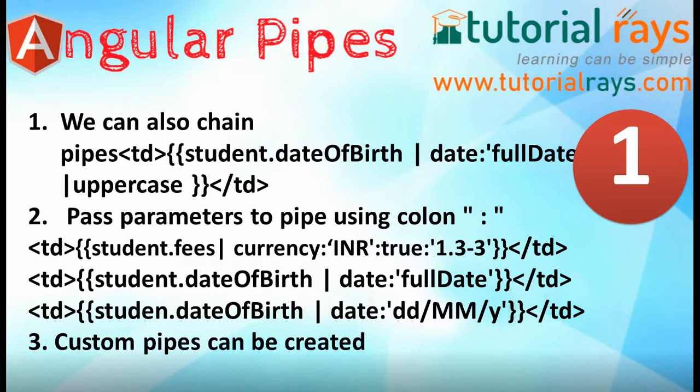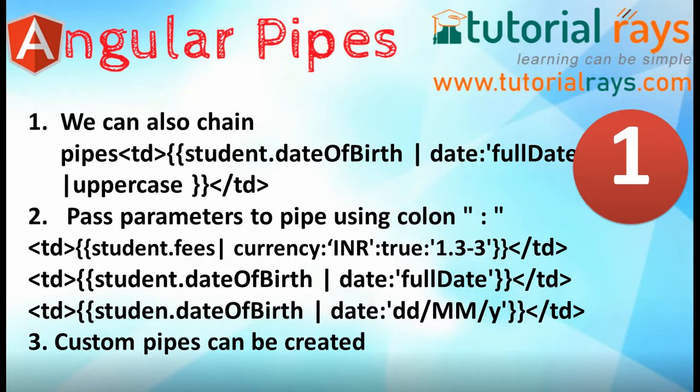Pass a parameter to a pipe using the colon sign. For example, student fees, currency INR, 2, then 1.3-3. Here currency INR is displayed, then the fraction shows how many decimal points will display after the currency value.